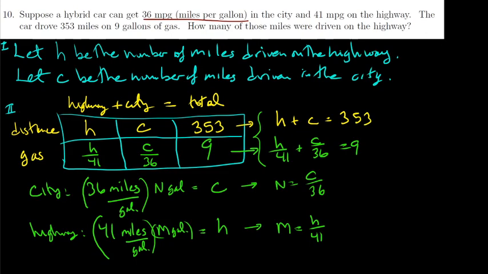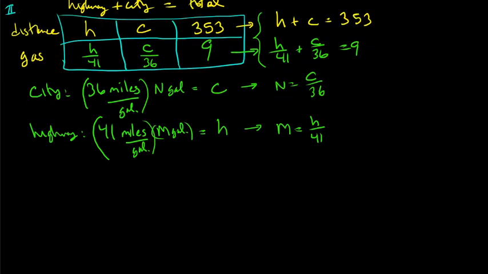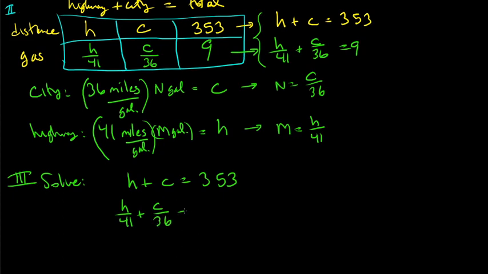Let me copy those down over here. So step 3, we have to solve this system: H plus c equals 353, and h over 41 plus c over 36 is equal to 9.